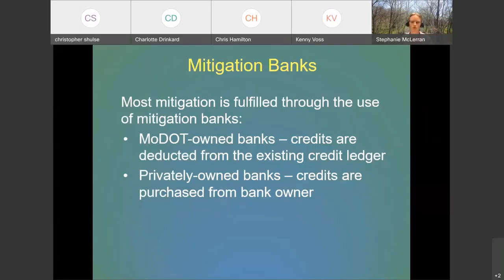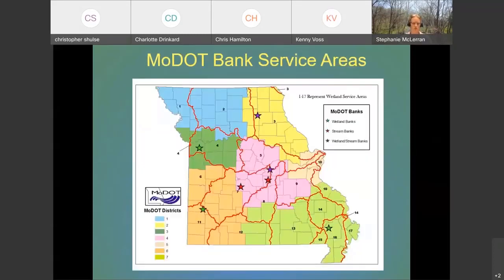Privately owned banks are the other option. These are ones that are not owned by us, and we just purchase credits from the bank owner. I mentioned MoDOT owns some of our own banks, and this map shows where those are located.